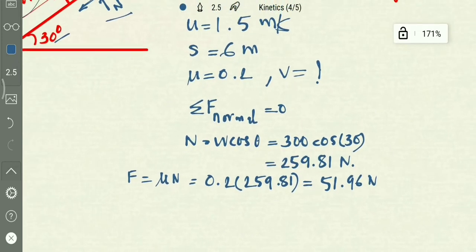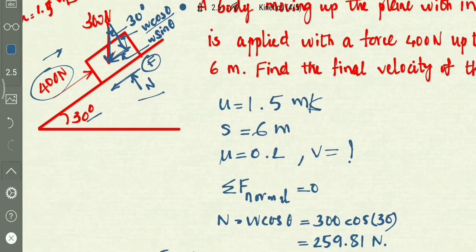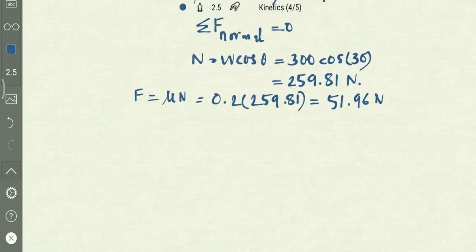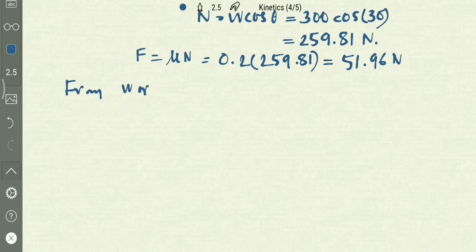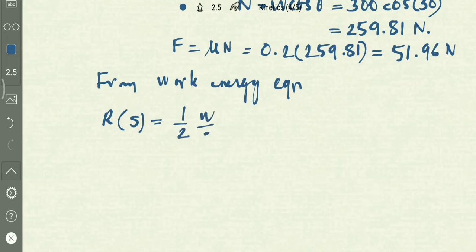So what do we need to find? We need to find the final velocity, right? So from the work-energy equation, what is the work-energy equation? Resultant into displacement is equal to half into W by g into v square minus u square, right?